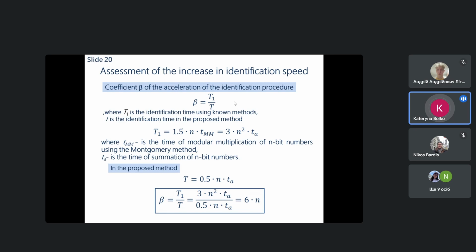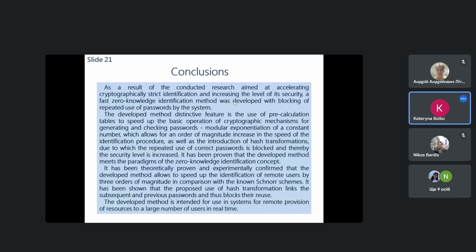It is well known that the number of operations of addition of long numbers in known methods is proportional to the square of their lengths. In the proposed method, only addition operations are used for exponentiation. This means that the number of addition operations on long numbers depends linearly on their lengths. The final beta coefficient can be seen on slide 20.